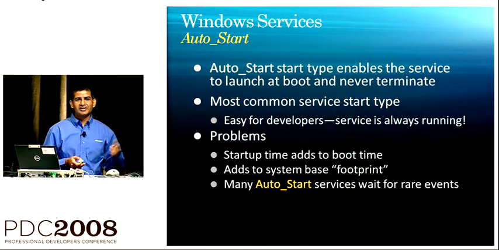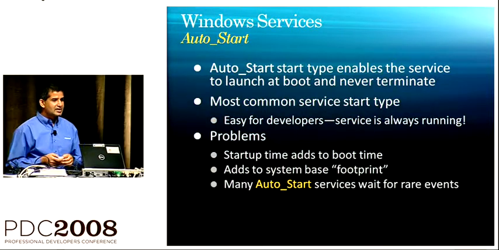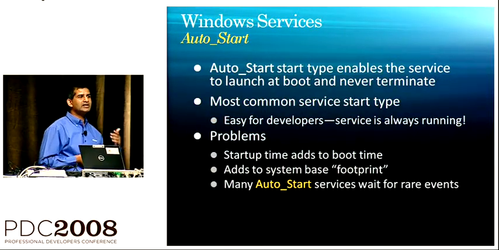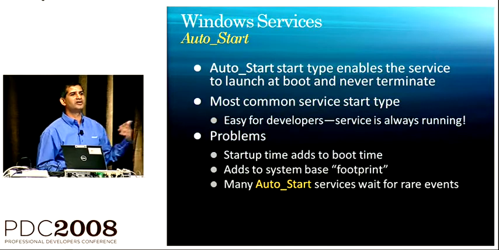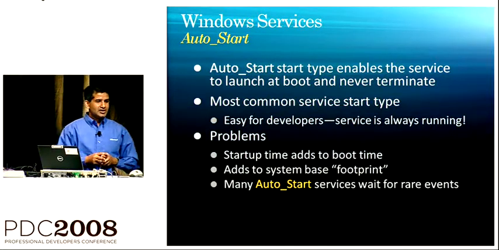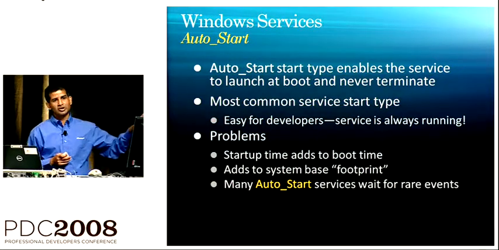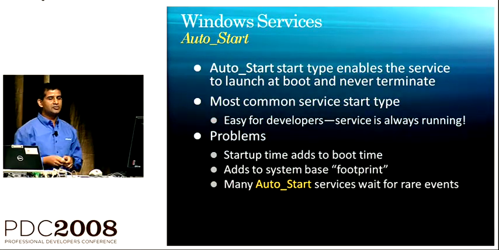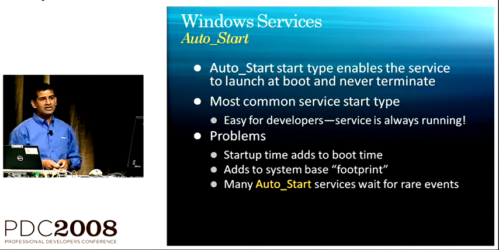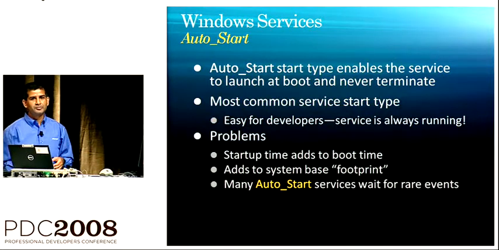So this was one of our key motivators from Windows Vista and previous operating systems, that many of these services have to do that unnecessary job of listening to rare events, right? And we wanted to somehow make this an infrastructure level support where services are stopped, and I'll be talking about that a little bit more. But in the meanwhile, when that support was not there, this auto start service type basically solved the problem for services.